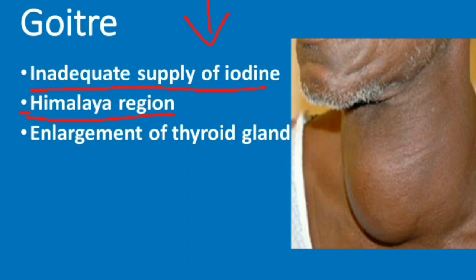This condition leads to the enlargement of the thyroid gland. You can see the picture. In that picture, it shows the swelling of the neck, because it is due to the enlargement of the thyroid gland.